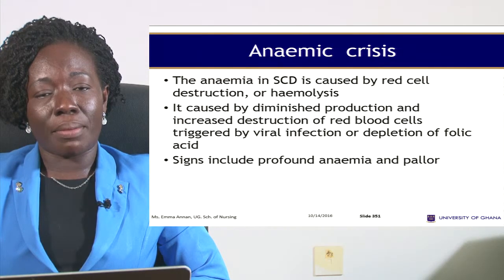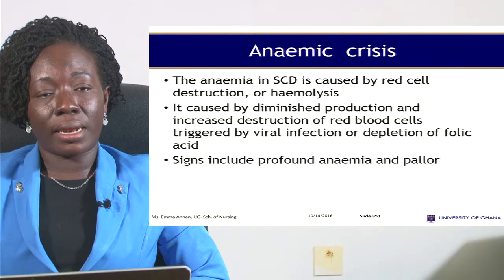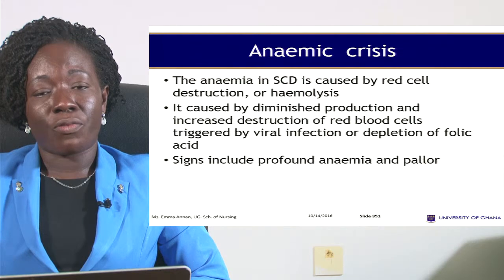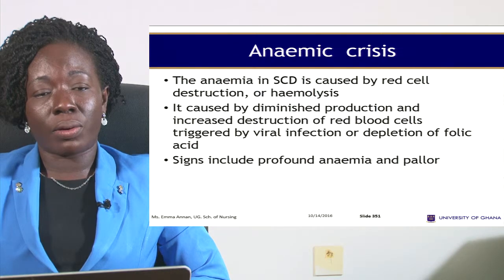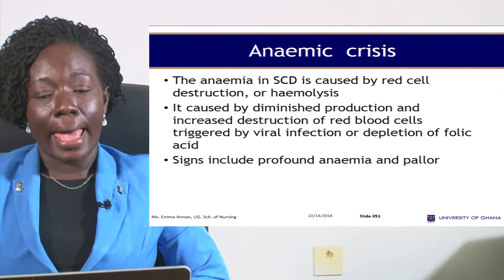It is caused by diminished production and increased destruction of the red blood cells, triggered by viral infection or depletion of folic acid. That is why folic acid is taken by sickle cell patients for life. Signs include profound anemia and pallor.